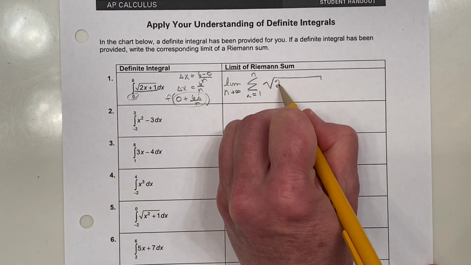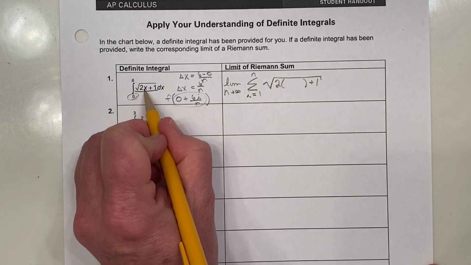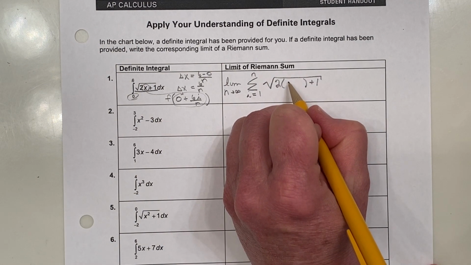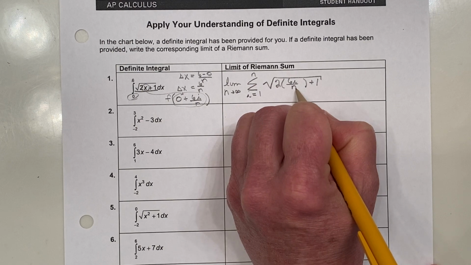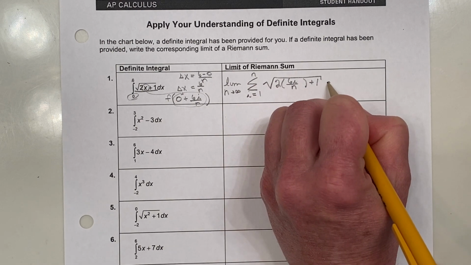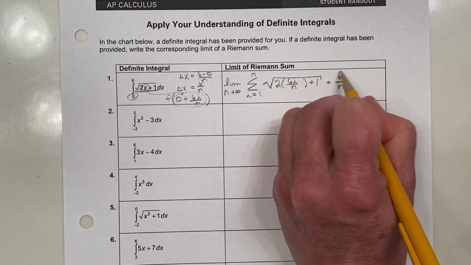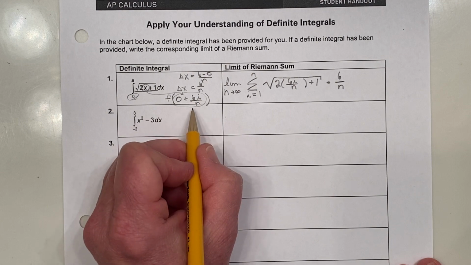Underneath the integral, I'm going to have 2 times x, and then I have the plus 1. This x is reserved for this new input, so that's going to be 0 plus 6i over n. And then I want to multiply this height times 6 over n. Remember, there's no i here in the width, delta x. It's just in our input value.